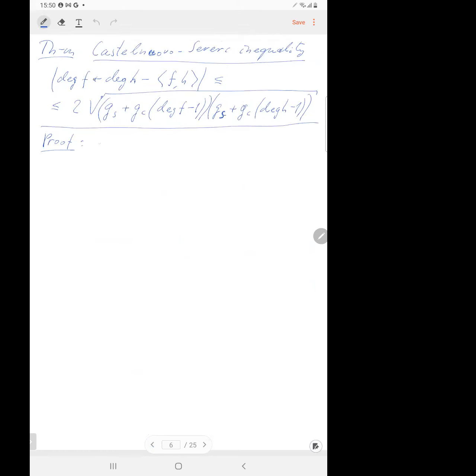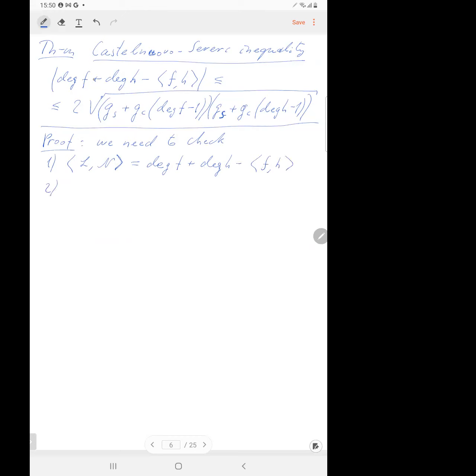So we need to check first that the pairing of L and N bundles is the degree of f plus degree of h minus pairing of f and h.